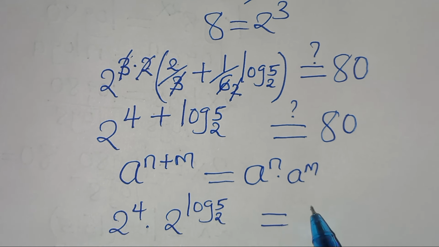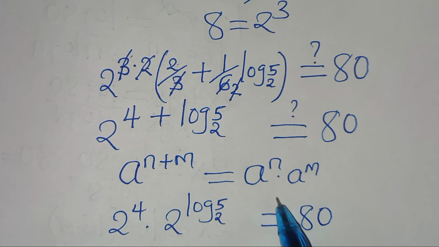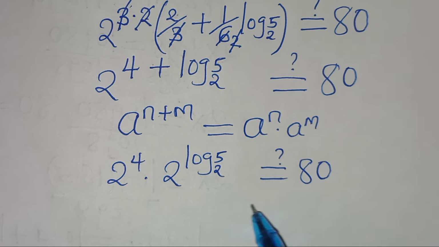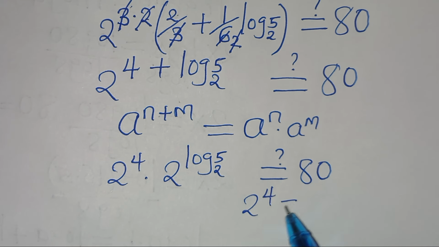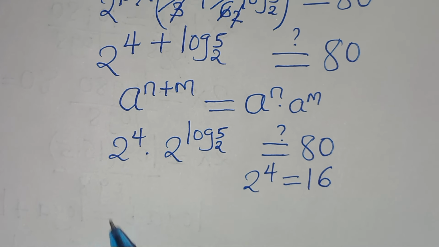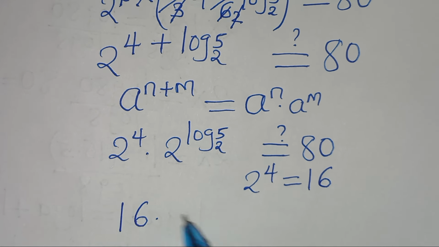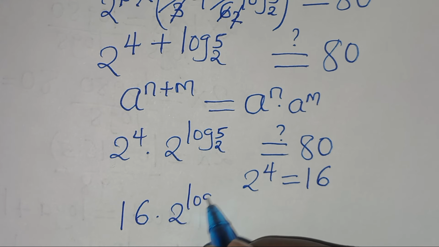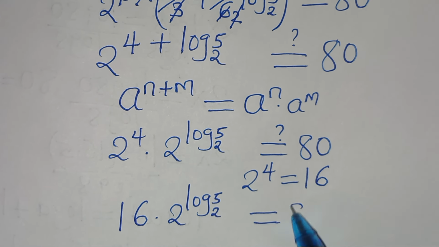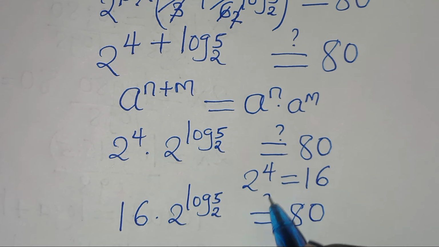This should give us a value of 80. So 2 to the power of 4 here, this is equal to 16. So we have 16 multiplied by 2 to the power of log 5 to base 2. This is supposed to give us a value of 80.